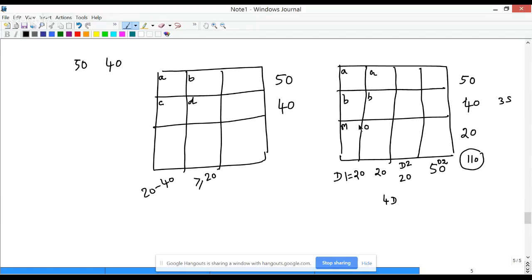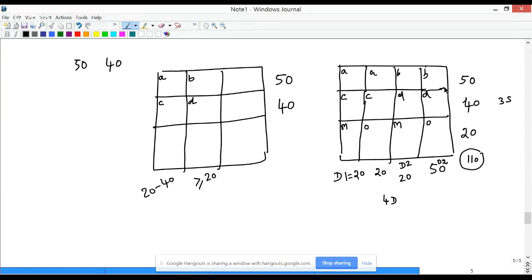Sorry, first one to the first one is A. Second supply to first demand is C. So this therefore becomes B and B, and this becomes D and D. This becomes M and 0, because again I have to make sure that this 20 is met from the available 90 and not from the dummy 20.